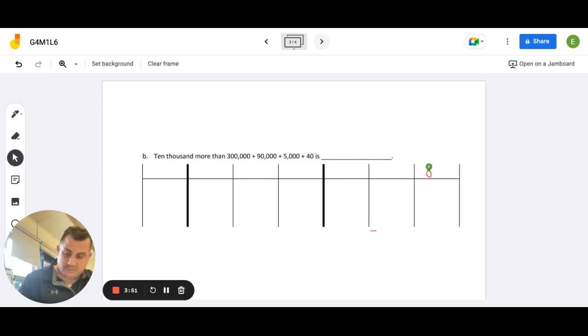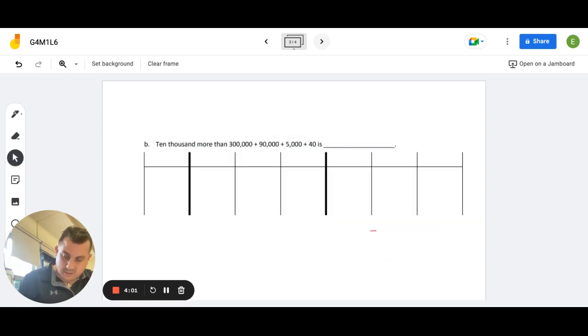I'm going to write out ones, tens, hundreds, thousands, 10,000s, 100,000s. This would be millions, so I'll just throw it in there. So now it's 10,000 more than, I'm going to put in my 300,000 plus 90,000 plus 5,000 plus 40.